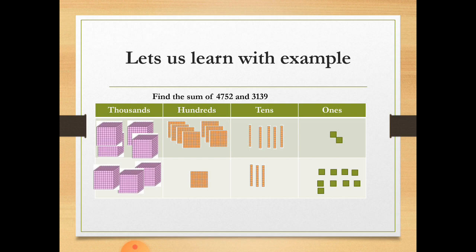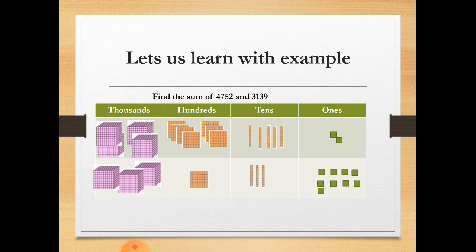The first addend is 4,000, so we use 4 blocks of thousands and 3 blocks of thousands for the second number. Then hundreds: 7 hundreds for the first number and 1 hundred for the second number.